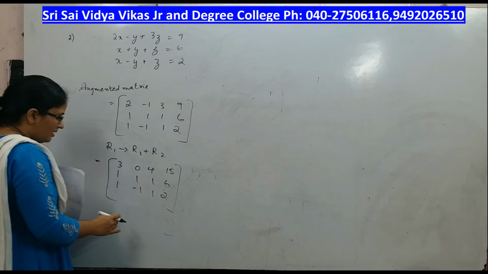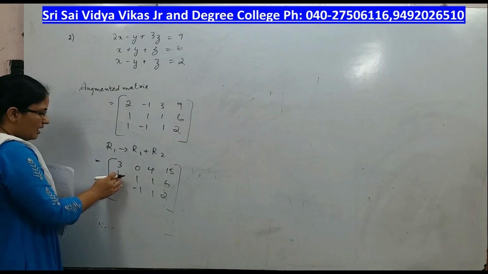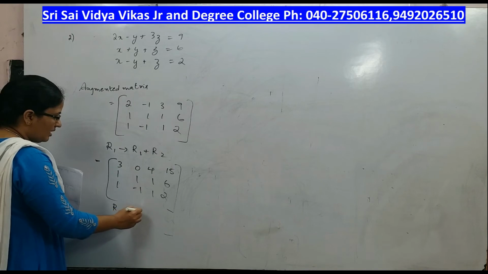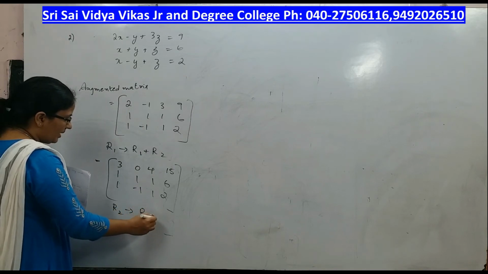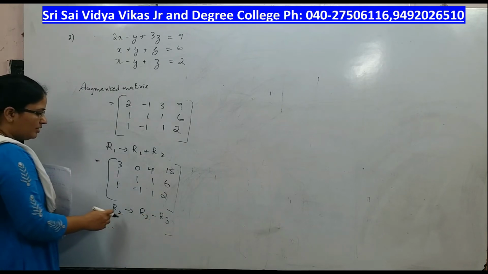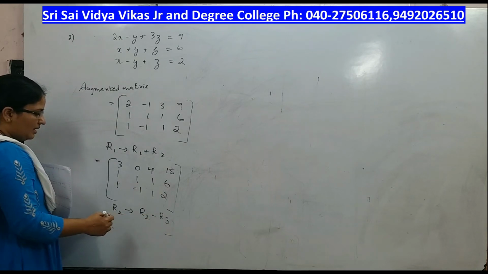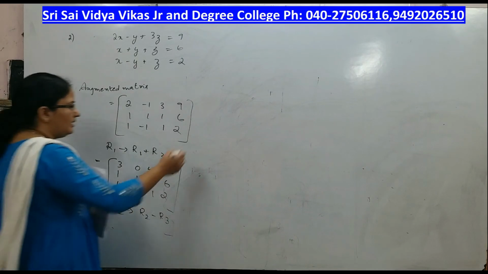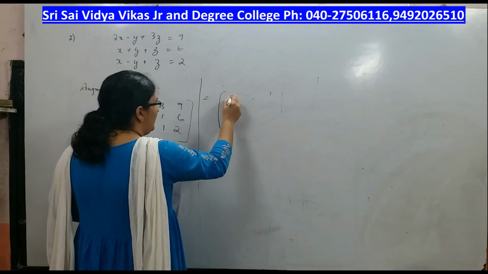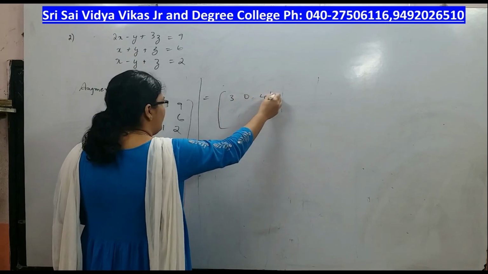Next, R2 changes to R2 minus R3. What do you get if you do this? First row as it is, 3, 0, 4, 15.